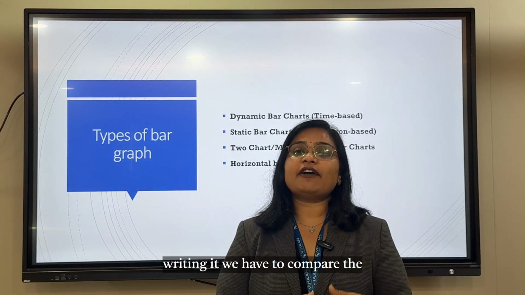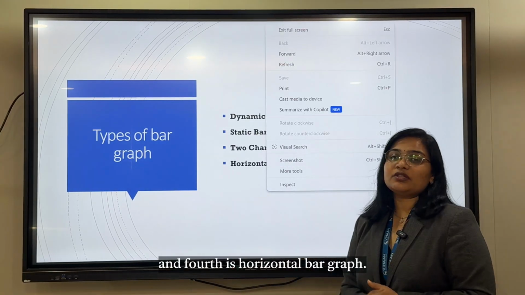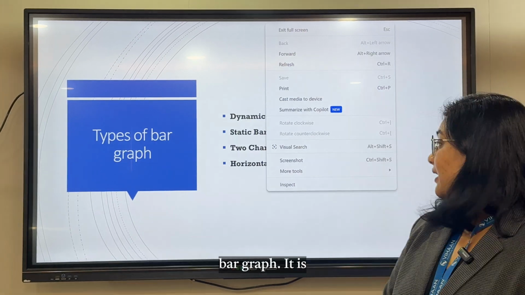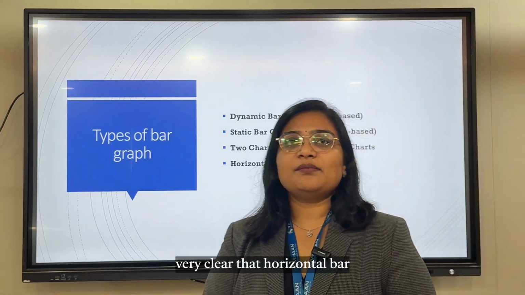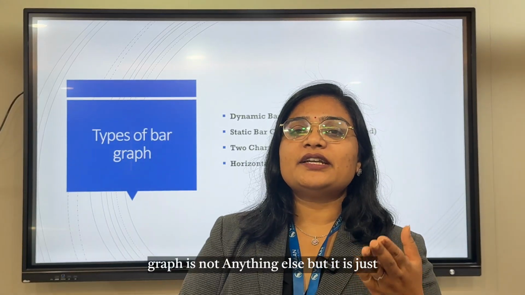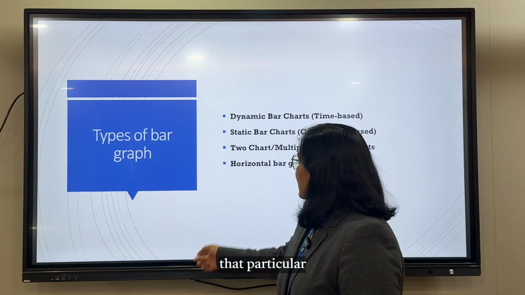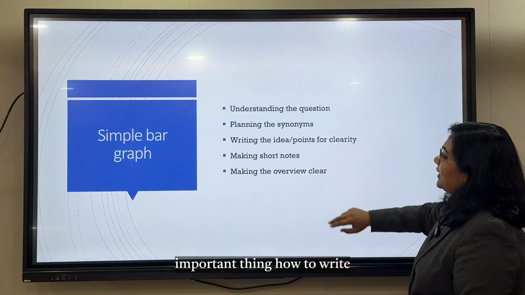While writing, we have to compare the information accordingly. Last and fourth is the horizontal bar graph. There is no change in the horizontal bar graph. It is just the dimension that changes for that particular graph. Coming to the important thing, how to write everything.